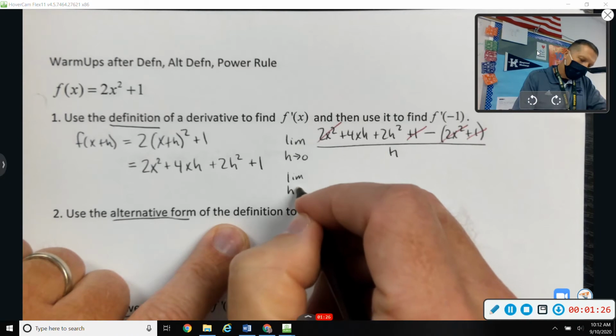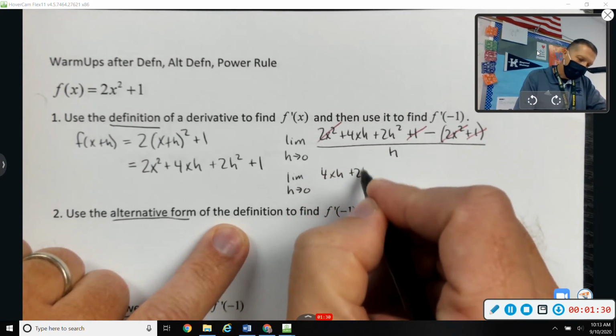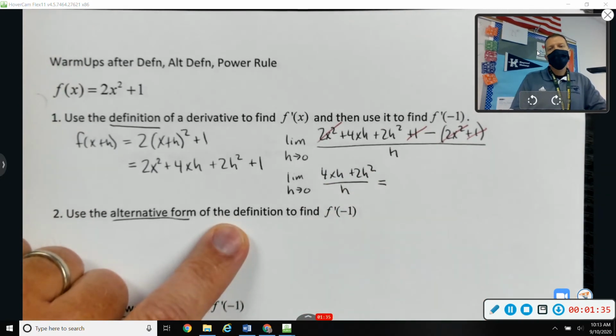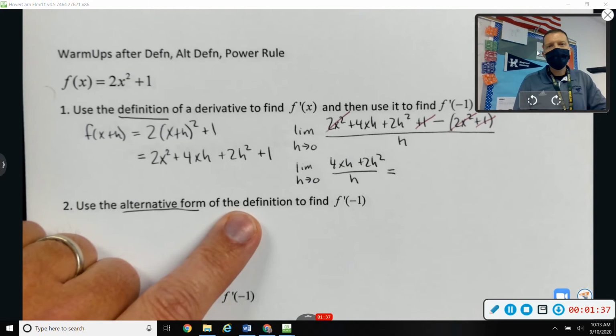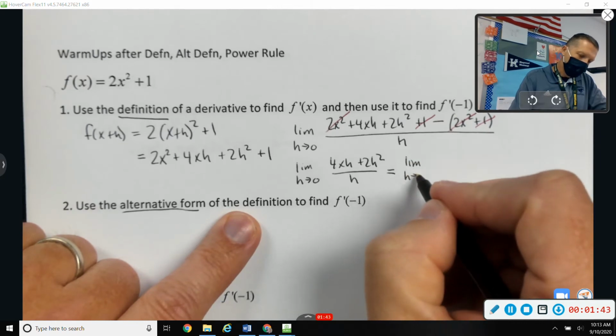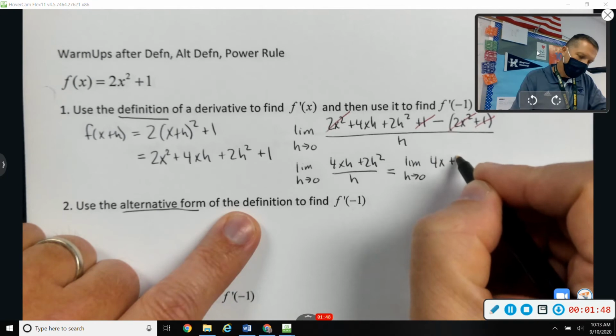So limit as h approaches 0, 4xh plus 2h squared over h. Still can't substitute because I get 0 over 0, but the h's will cancel. And so limit as h approaches 0 of 4x plus 2h.